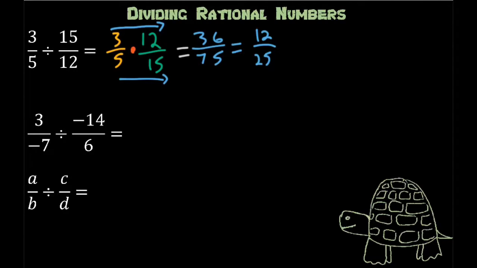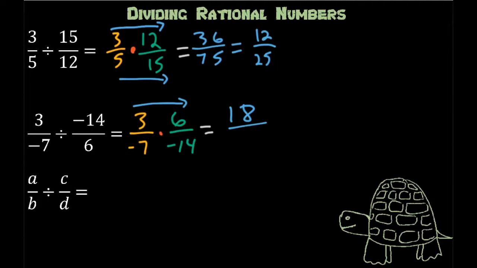Looking at our next example, we again write that first fraction as is, change the division to multiplication, and then we use the reciprocal of the second fraction. And so as we multiply that, multiplying across the numerators, we get 18.